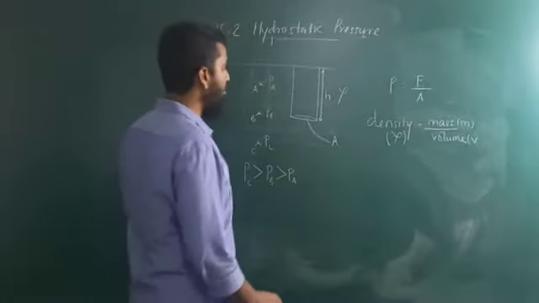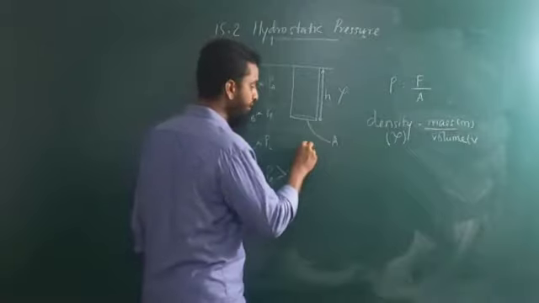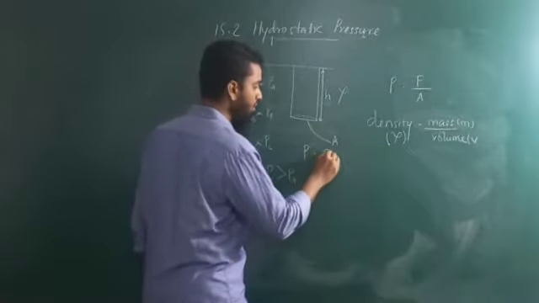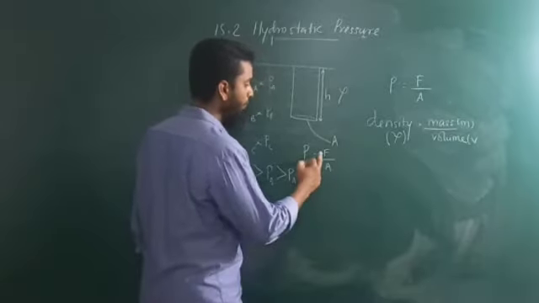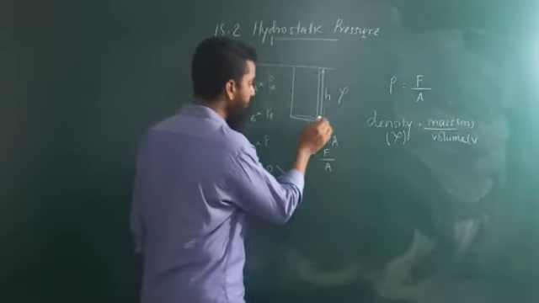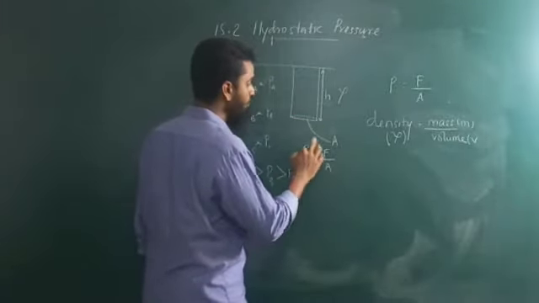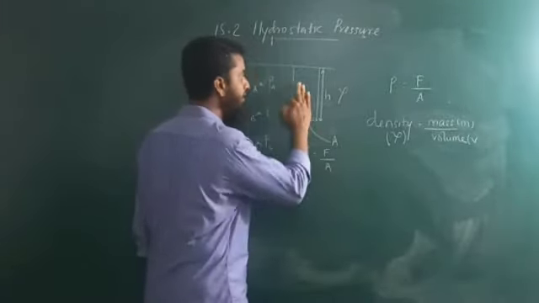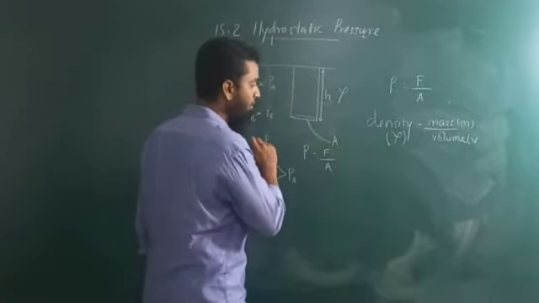Now I am going to find the pressure. The common equation for pressure is pressure equals force divided by area. What is the force exerted at the bottom of this water column? The weight of the water column, not the mass.